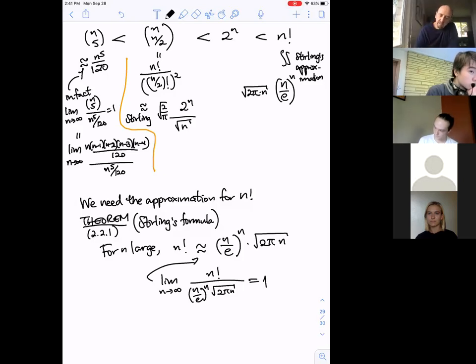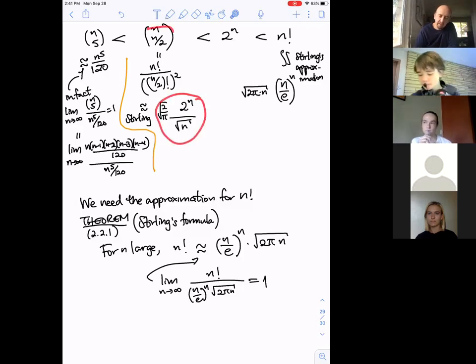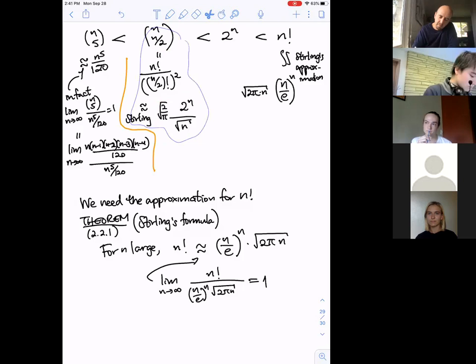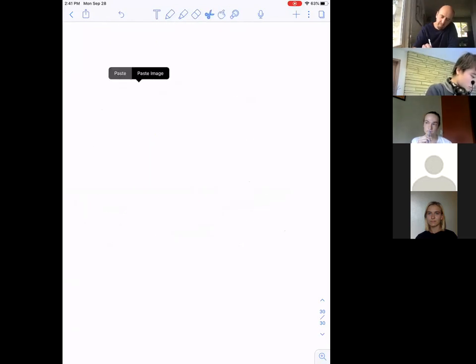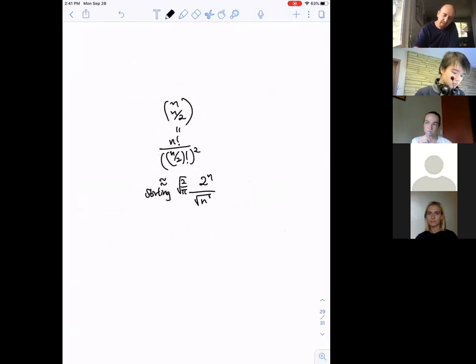But as an application of this, let me explain why Stirling would imply this estimate for the half-size binomial coefficient. So this is really a corollary to Stirling.